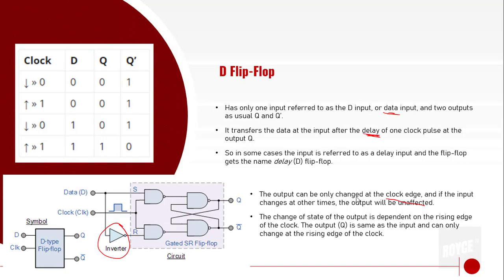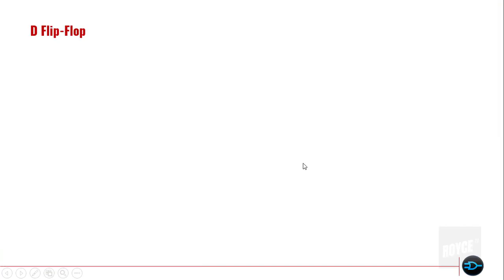Kahit anong bilis ng change ng input mo, dahil ito ay synchronous na flip-flop, hanggat hindi pa time na nag-change yung ating pulse, or hindi pa dumadating yung clock pulse, hindi maapektuhan yung output natin. So, the change of state of the output is dependent dun sa ating clock. This is our D flip-flop.